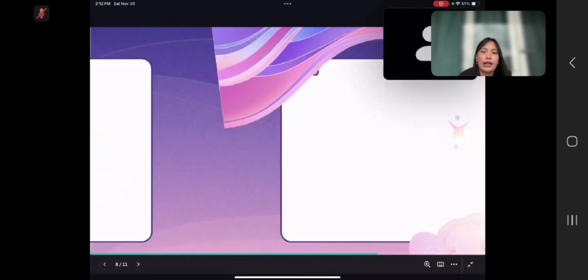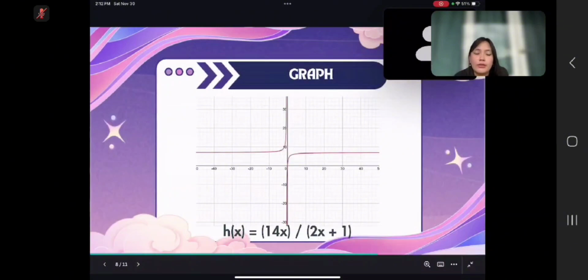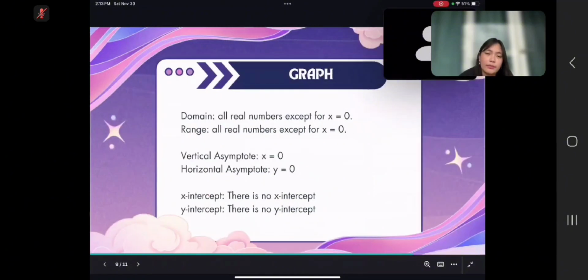If we graph Mr. Elias's final formula, h of x equals 14 times the quantity x over 2 times the quantity x plus 1, this is what it would look like. As you can see, it is not a constant function. Let me discuss what the graph indicates.